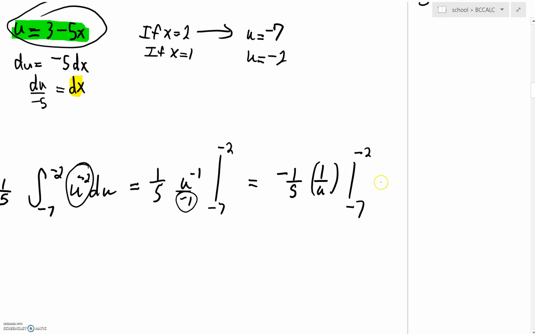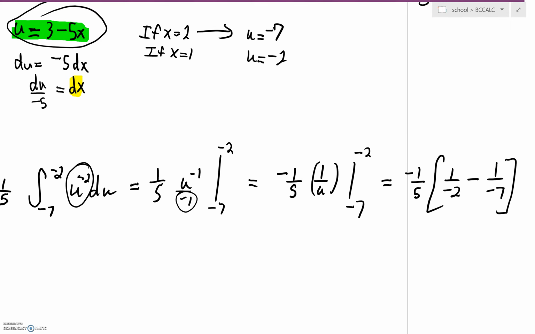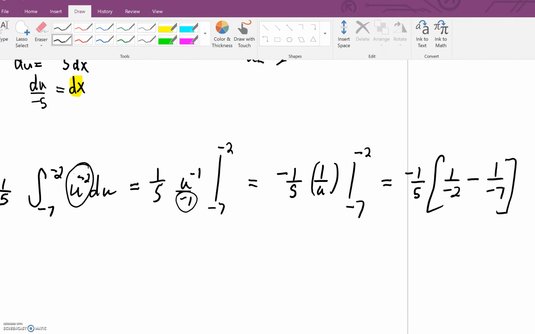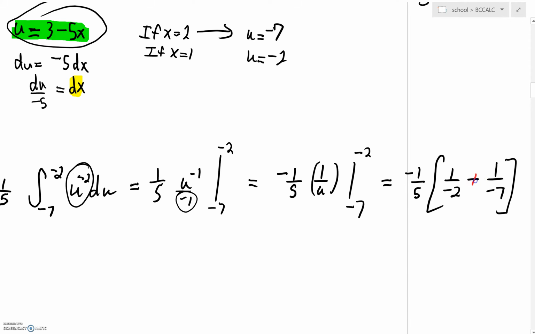So the fundamental theorem really is saying that first we'll say 1 over negative 2, and then we'll say minus 1 all over negative 7. At this point, I hope you can see minus a negative turns to plus a positive.